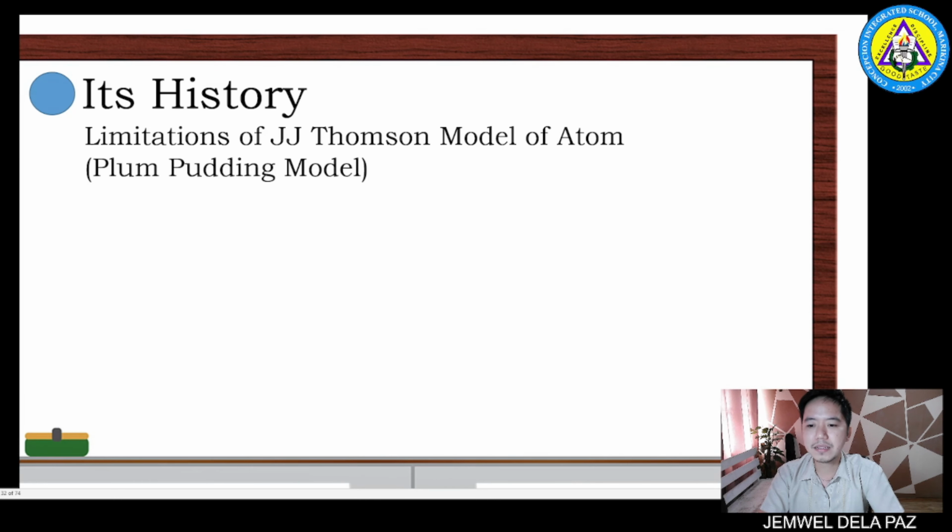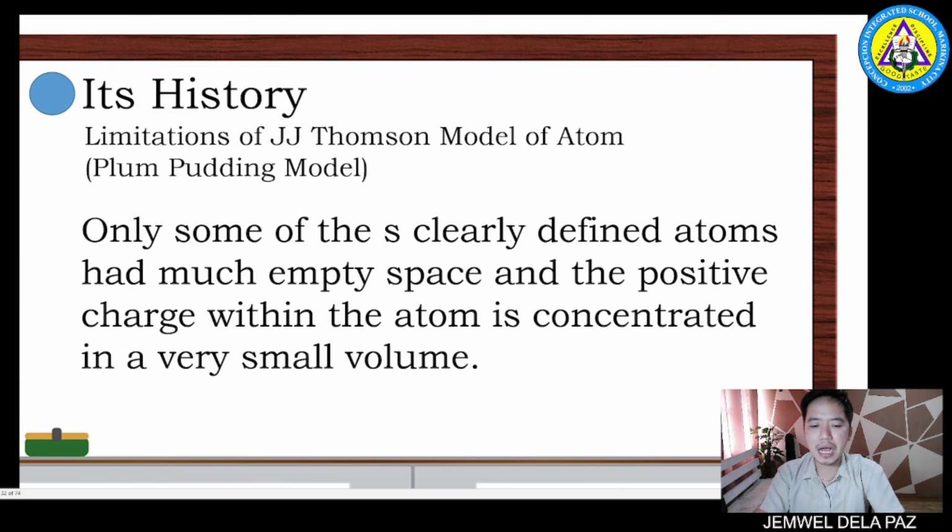Aside from that, only some of the clearly defined atoms had much empty space, and the positive charge within the atom is concentrated in a very small volume. This is the drawback of Thomson's atomic model.